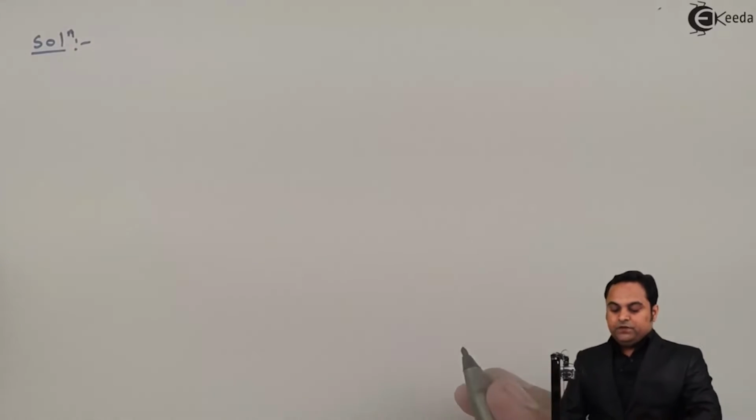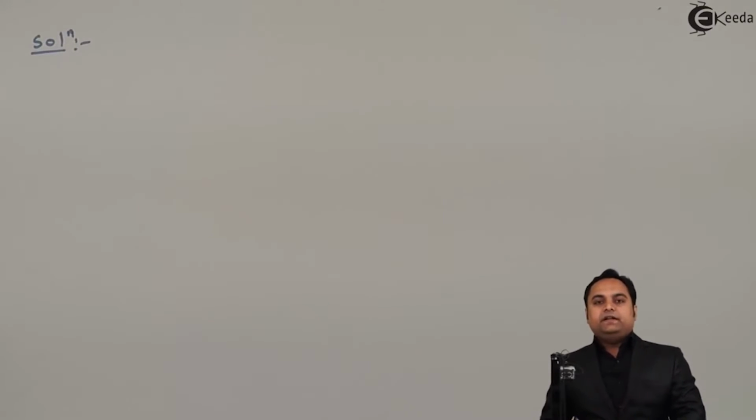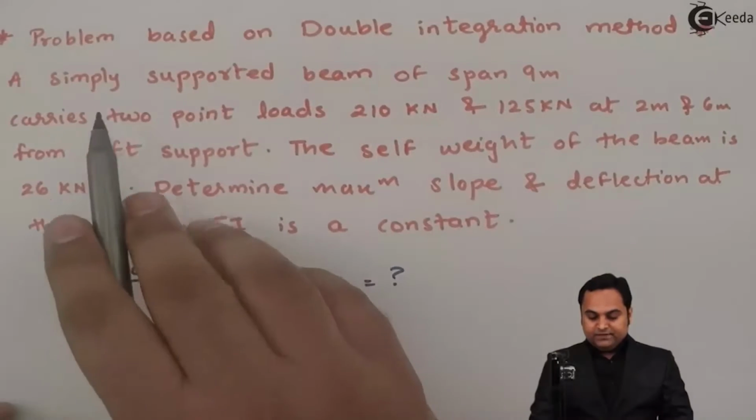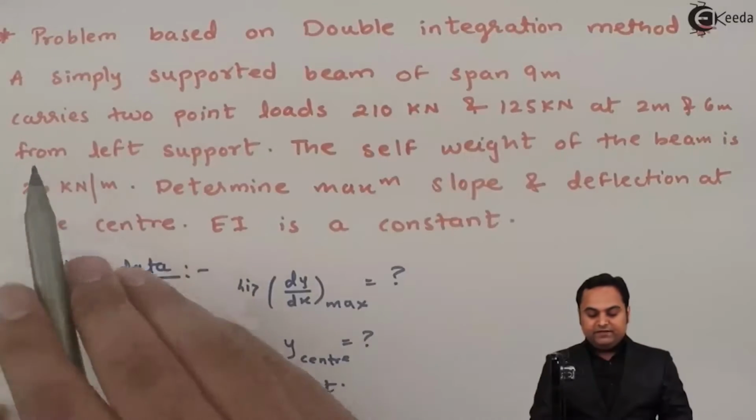Now, here in the solution part, the first thing is I'll draw the diagram with the data which is given. They are saying that a simply supported beam of span 9 meter.